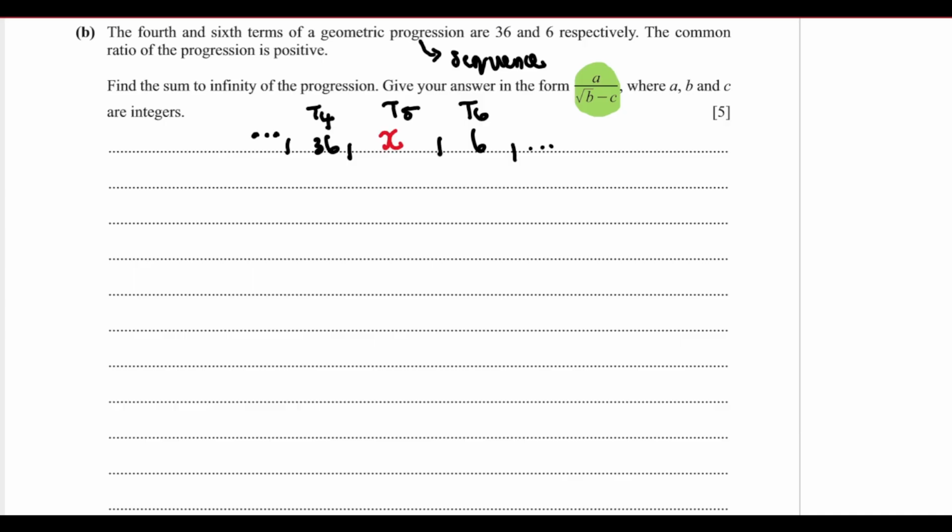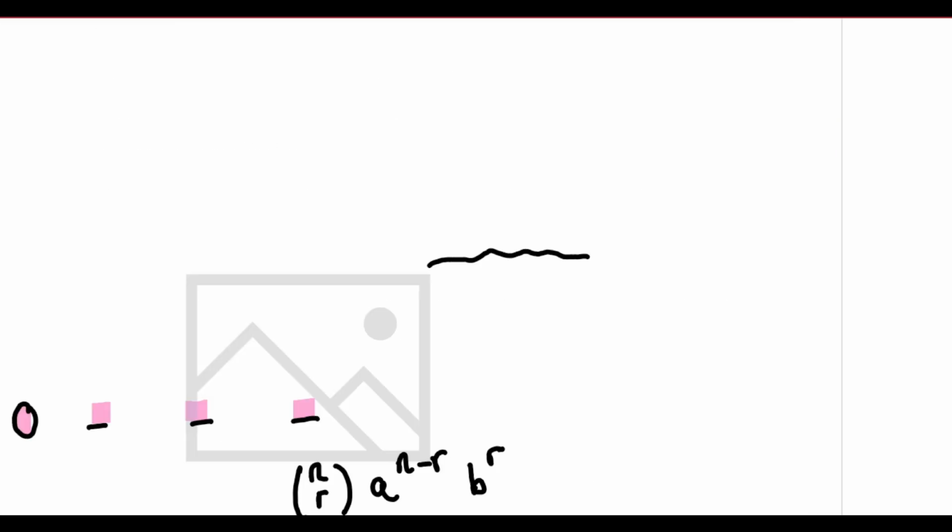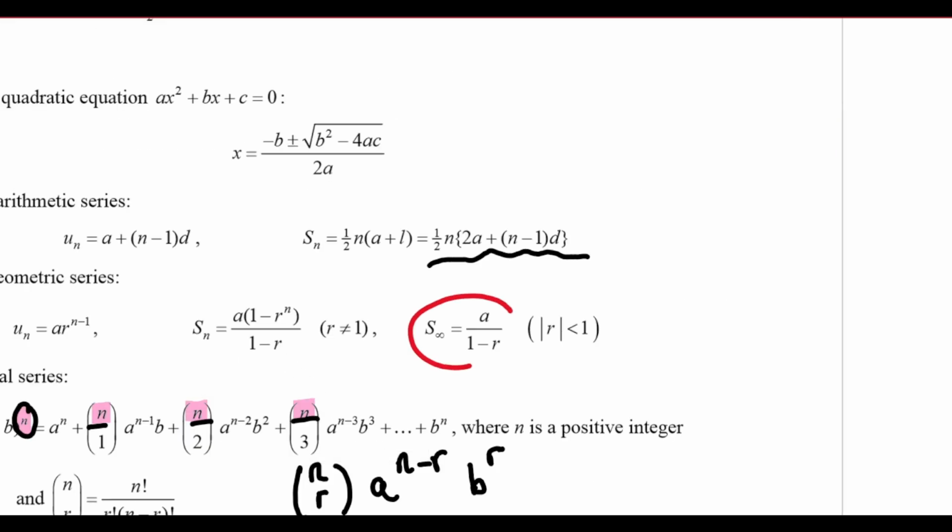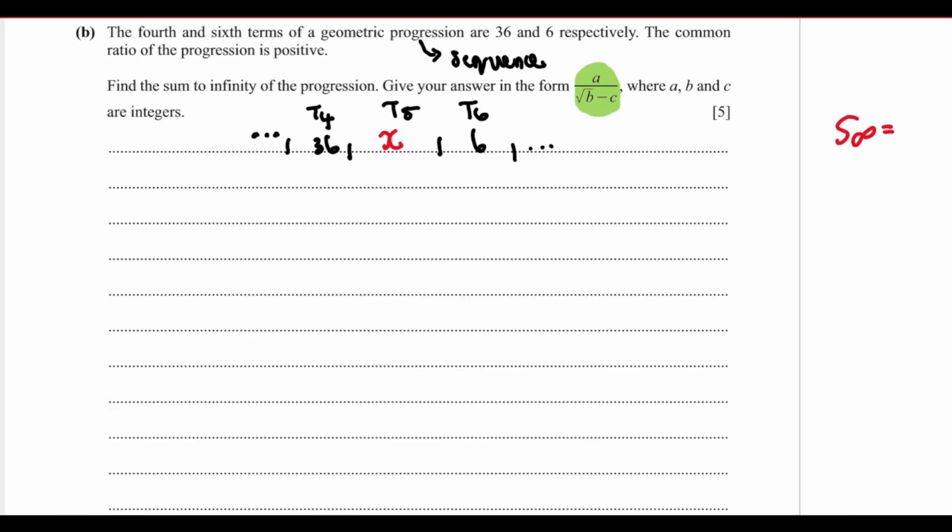Okay. To get the sum to infinity in the end, it's also in your formulae list over there, you need a and r. Okay, for this, we don't have a or r. r is the ratio.